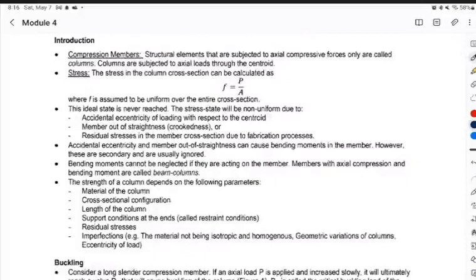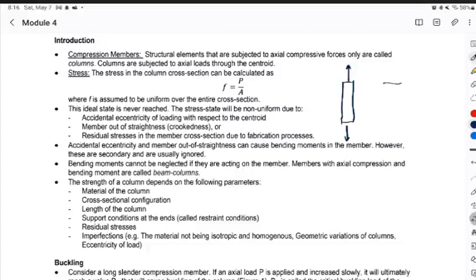Compression members are structural elements that are subject to axial compressive forces only. You know the difference between tensile and axial. If this is your member, tension is the force that tends to elongate our member.